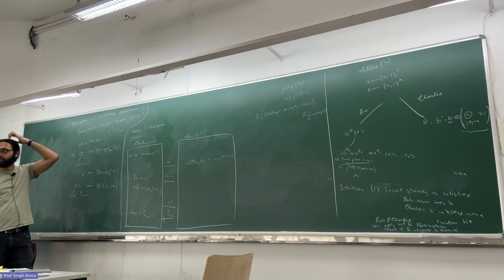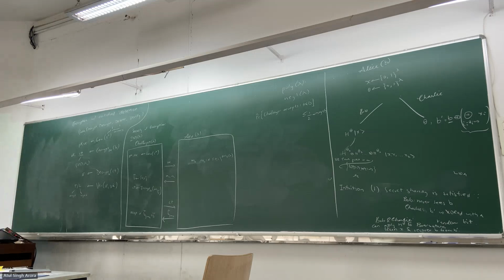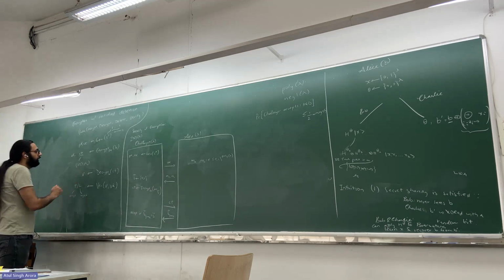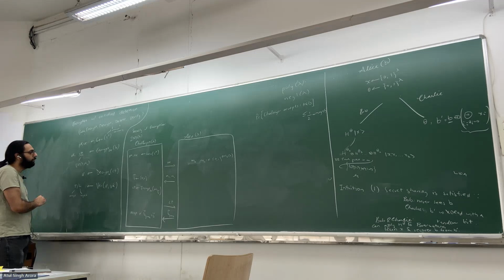Oh, indistinguishability. So I didn't understand. After decryption, can we get back? Oh yeah, it should be B, right? I don't know why I wrote V. Did I mess up?